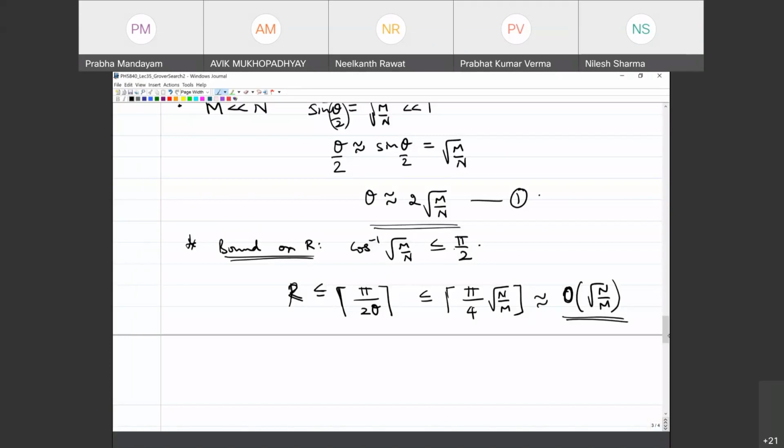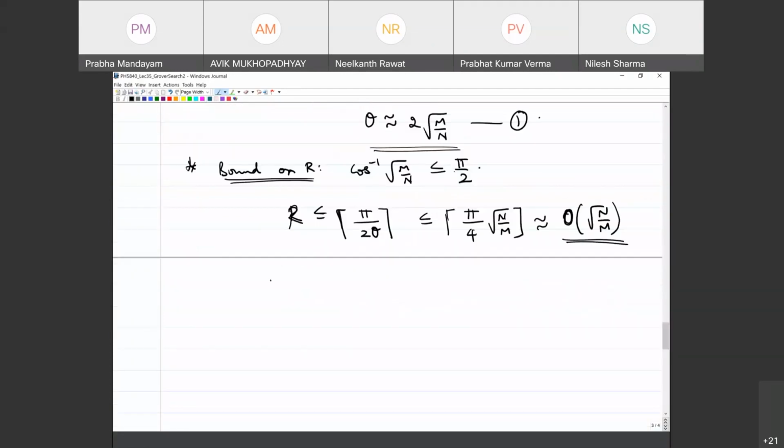The other way to argue this without going through this is to simply say that, let's say that m is less than or equal to n by 2.